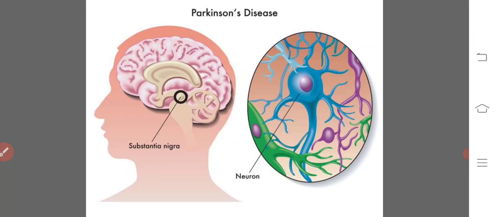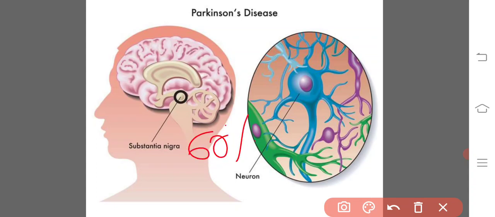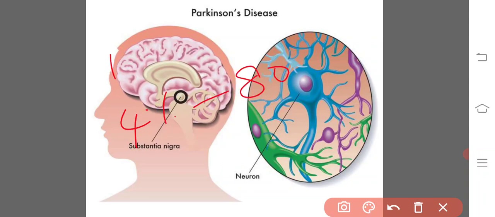Worldwide, 5 million people are susceptible to this disease every year. 1% of people at the age of 60 and 4% of people at the age of 80 are susceptible to Parkinson's disease.